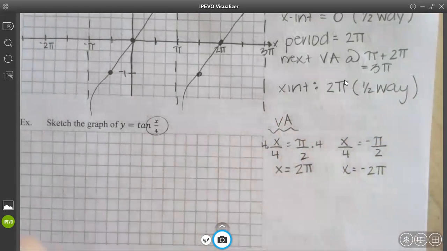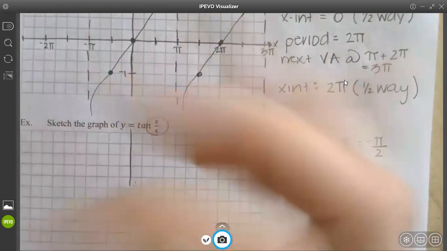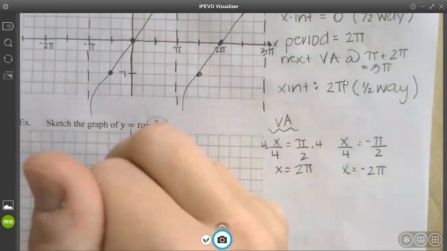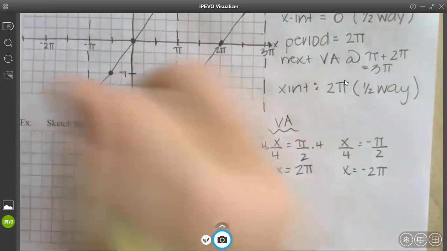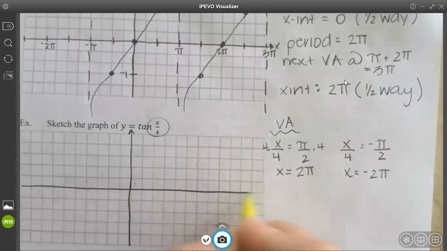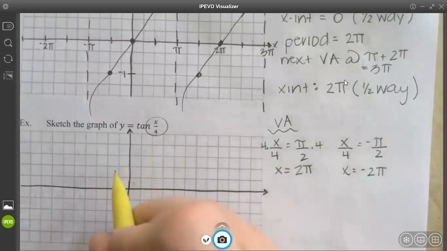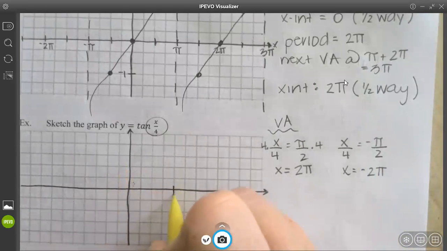All right, so for our graph, same thing, go to the equal mark. And halfway. Do the same exact thing I did before.